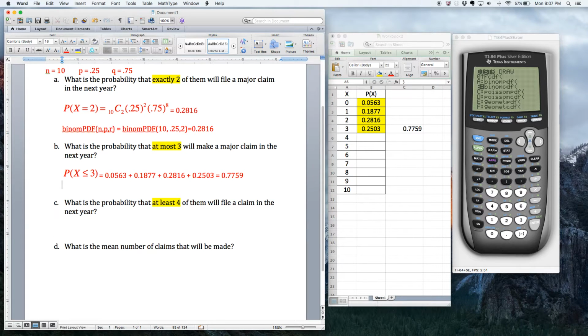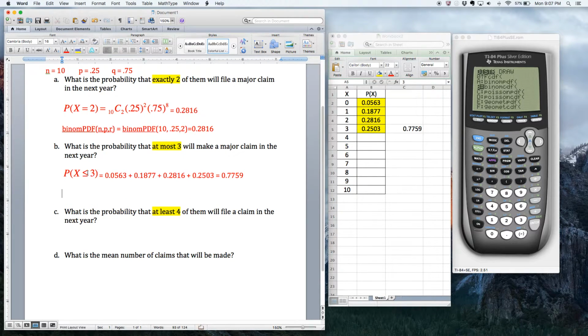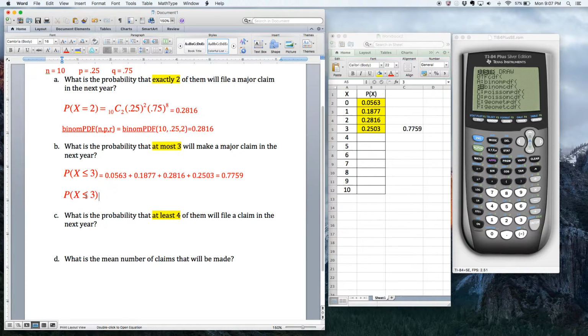So rather than do this thing, what I'll do instead, I'll use binom CDF of 10, 0.25, 3.